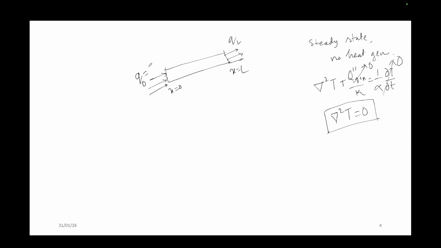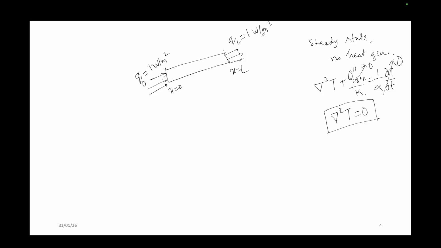So say this heat flux is given as, sorry, this is not the first boundary condition, this is the second Neumann boundary condition. So that means whatever heat is entering into the system, the same heat is coming out here, right?